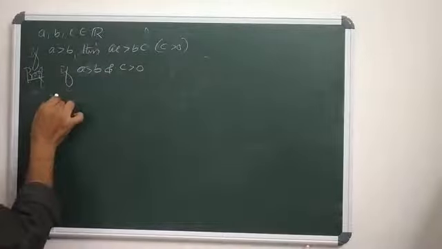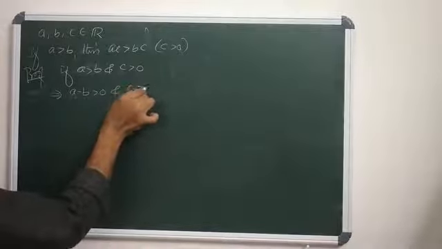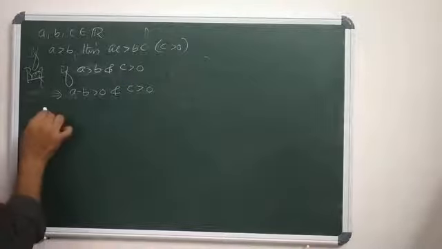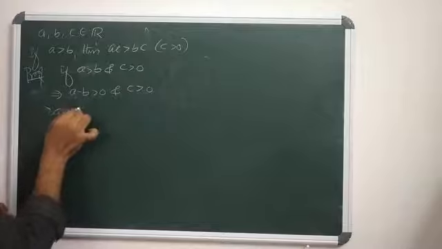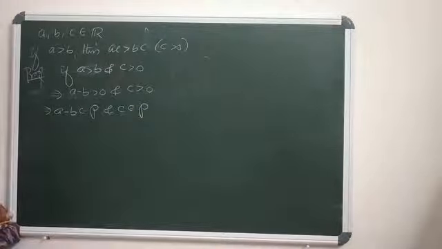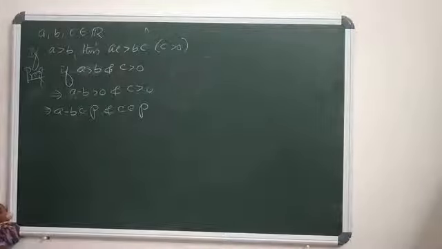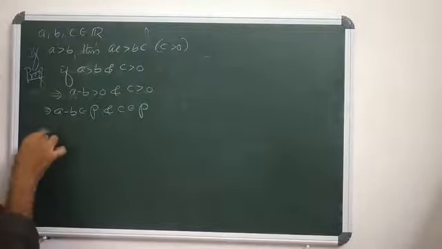A greater than B means A minus B is positive. So A minus B is positive and C is positive. That means A minus B falls in P and C falls in P. A minus B and C are elements in P, but P is closed under multiplication.